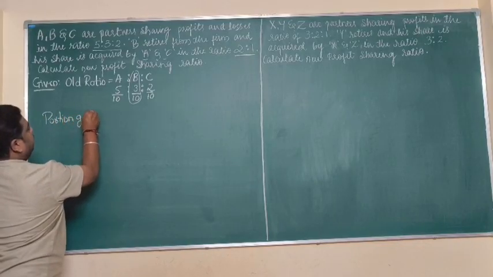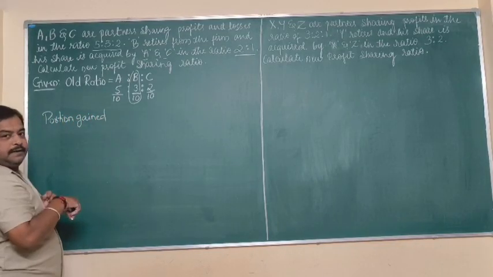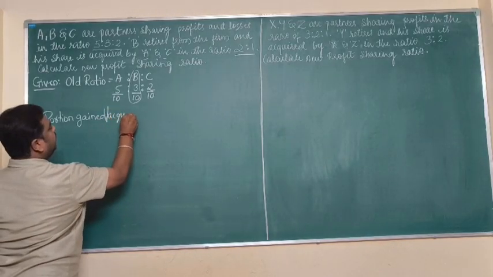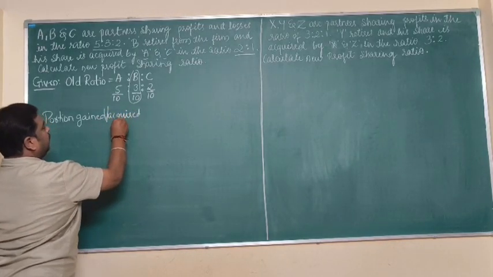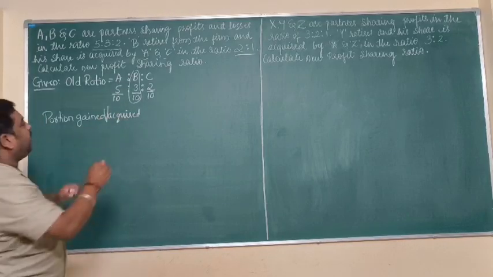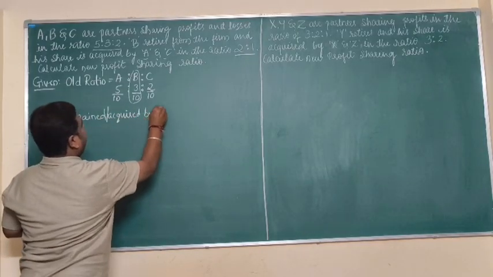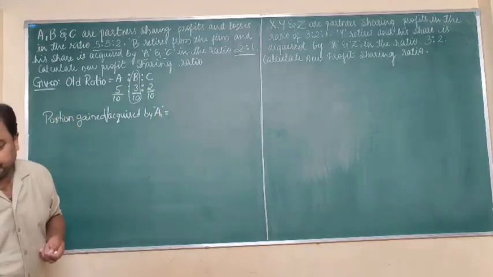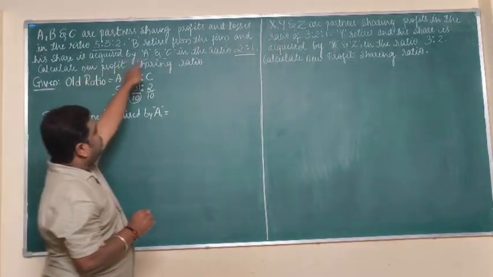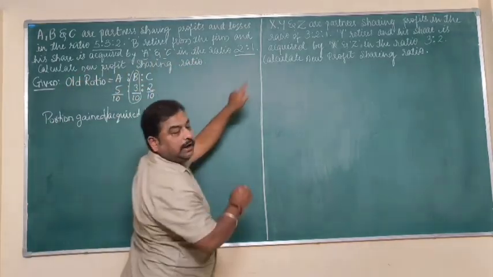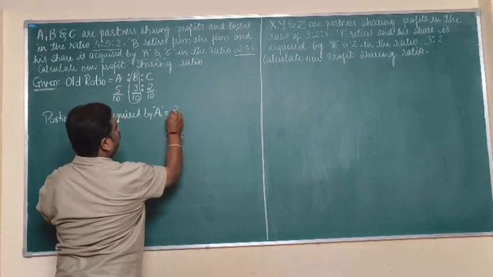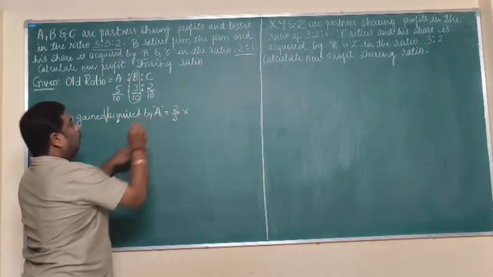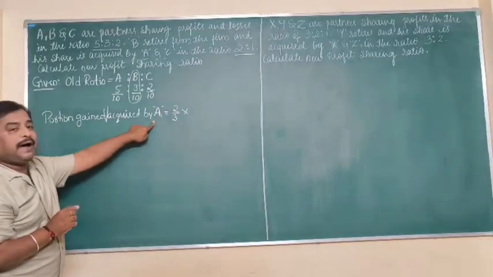Portion gained. Some people also use it as acquired. Both are the same. Portion gained or acquired by A is equal to, in what ratio are they acquiring? 2:1. 2:1 means 2/3 into whose share is acquired by A?